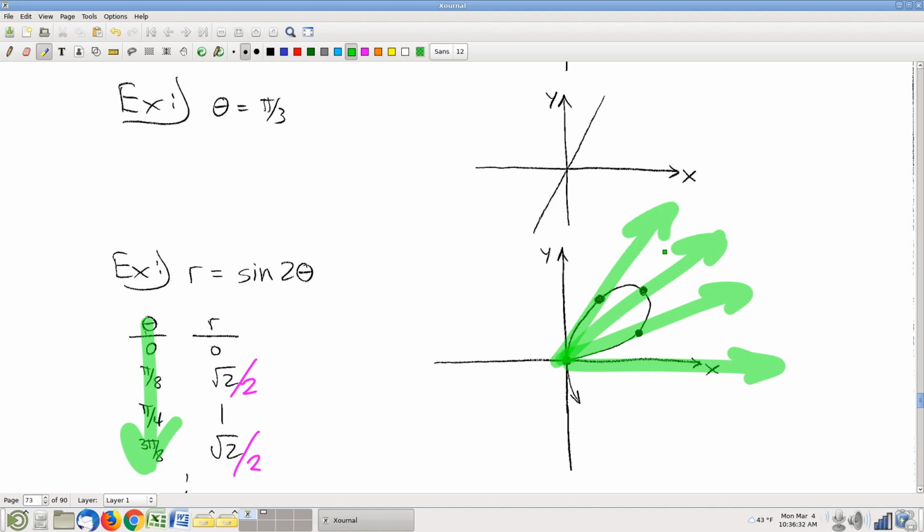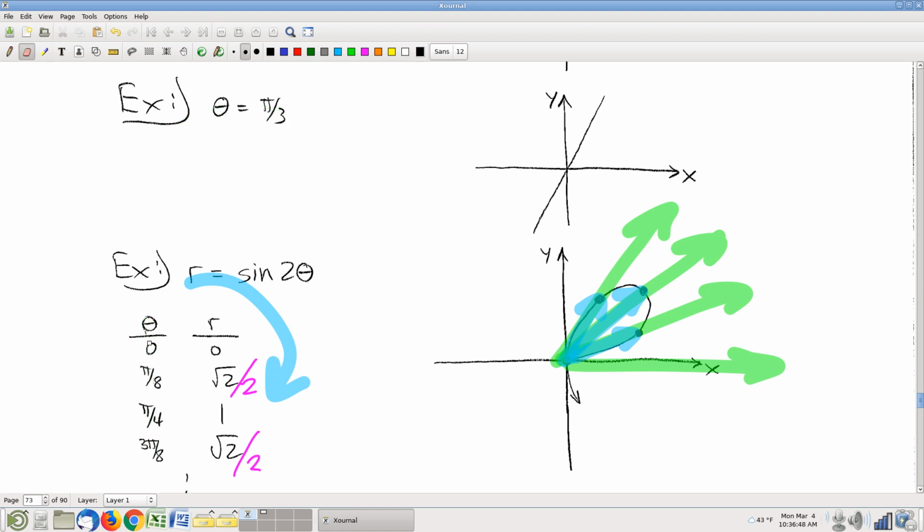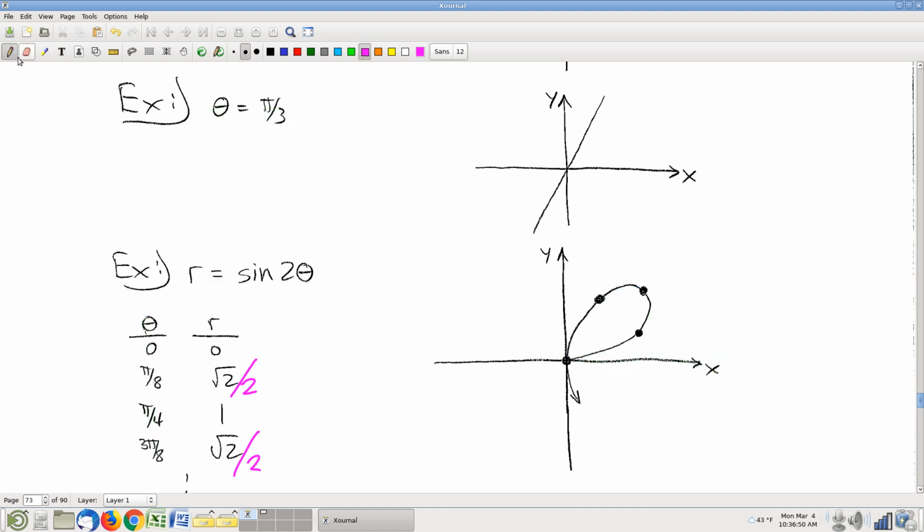Plugging in those thetas gives you different values of r, and following the instructions, for these values of r, you get these points like that, and then you can trace it out, fill in the blanks in between, and you can persuade yourself that it starts off something like that, and then by the way, keep going, and as it turns out, it makes a 4-leaf clover, which is kind of fun.